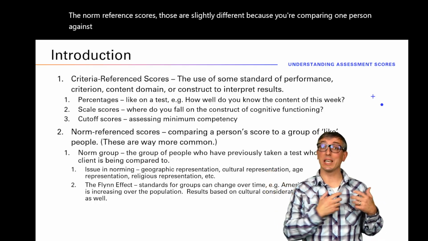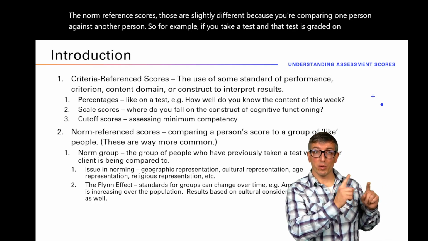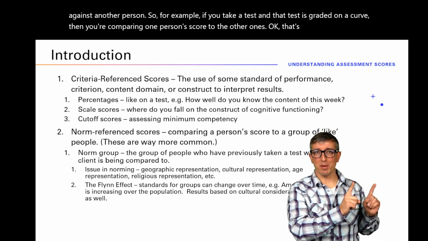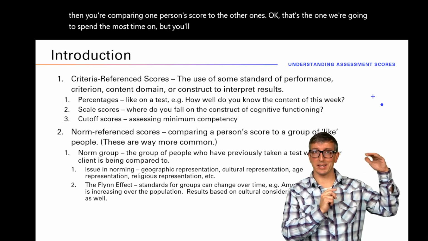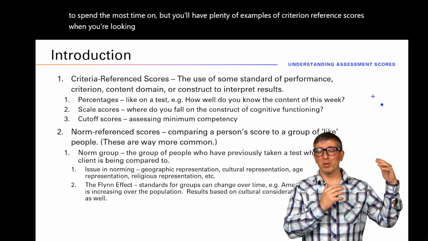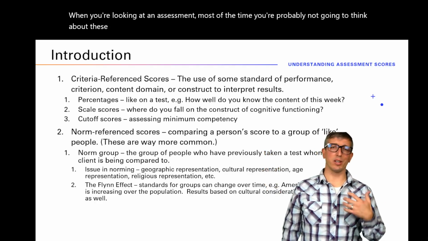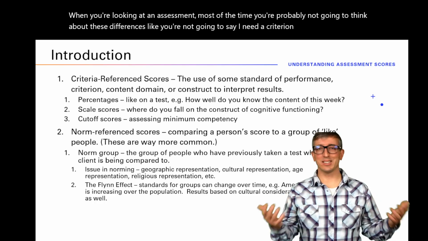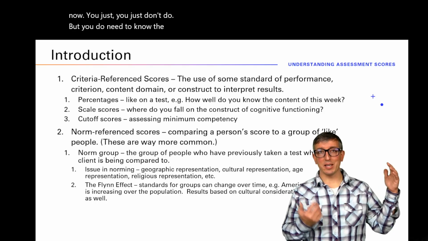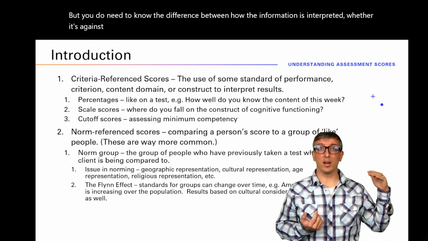So for example, if you take a test and that test is graded on a curve, then you're comparing one person's score to the other ones, okay? That's the one we're going to spend the most time on, but you'll have plenty of examples of criterion reference scores. When you're looking at an assessment, most of the time you're probably not going to think about these differences. You're not going to say, I need a criterion reference test right now. You just don't do that. But you do need to know the difference between how the information is interpreted, whether it's against a criteria or against other people.